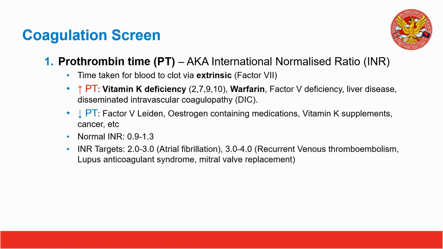And the NICE recommends certain targets that you must have for INR. So for instance, if you have atrial fibrillation, you're looking for an INR between 2 and 3. If there's recurrent episodes of venous thromboembolism or mitral valve replacement or lupus anticoagulant syndrome, you're thinking of an INR target 3 to 4. So you want to make the blood more thin, essentially.